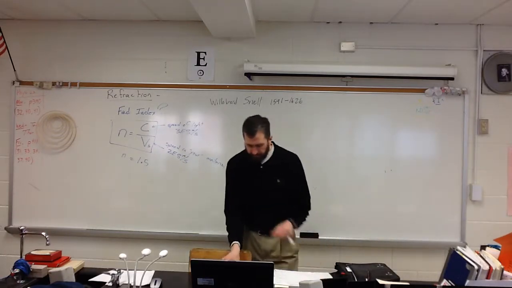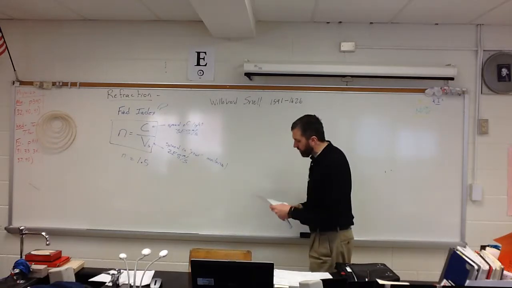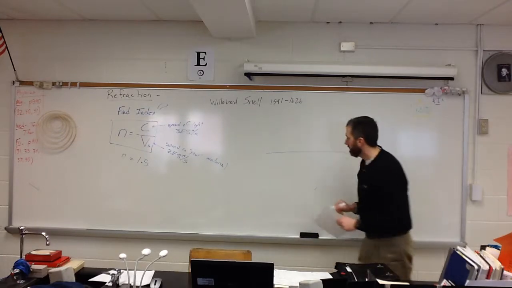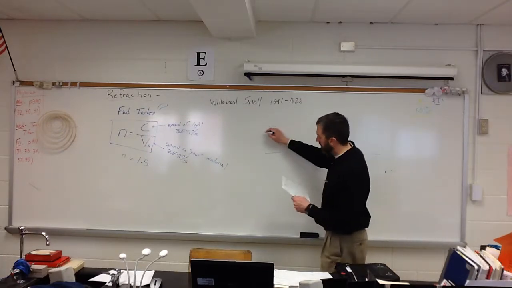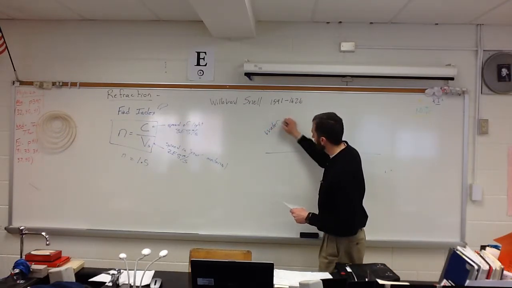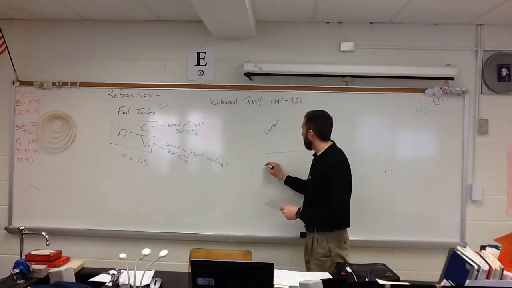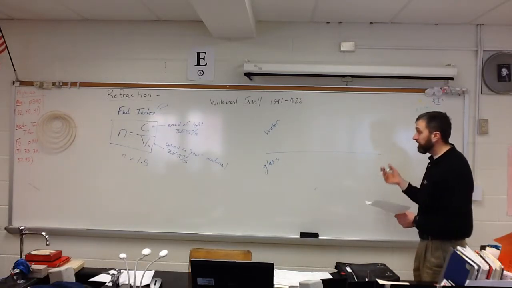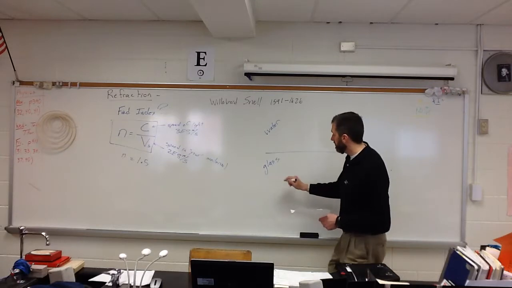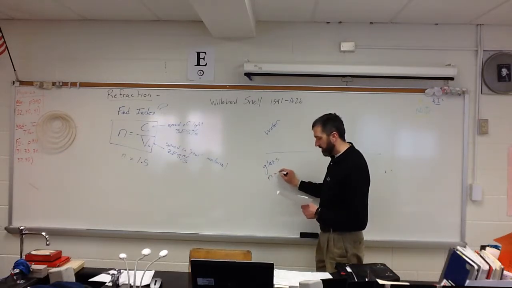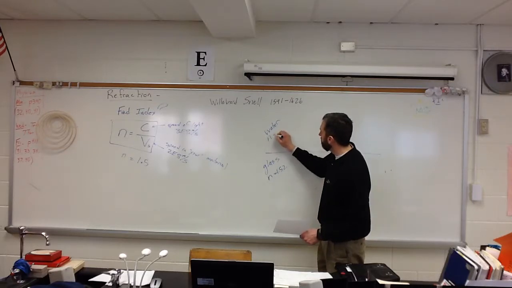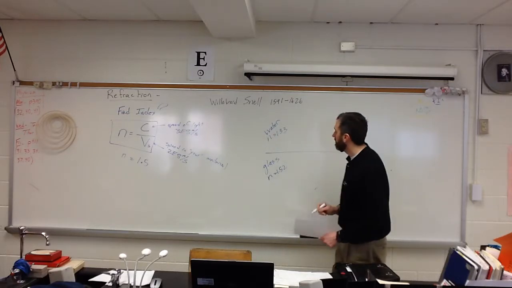A perfect example would be, what if we had an interface here between the material water and glass? I'm going to tell you that this particular glass has an n value of 1.52, and water has an n value of 1.33.